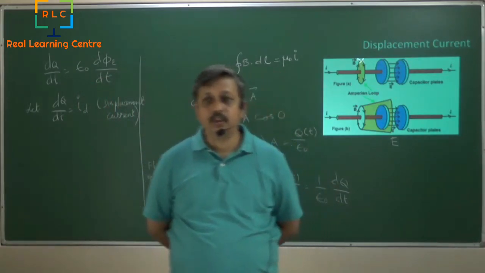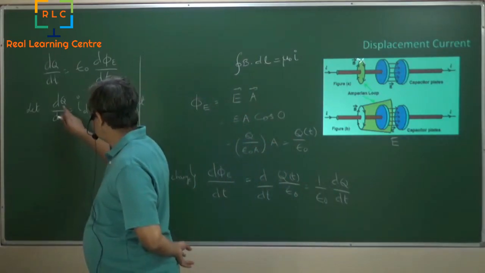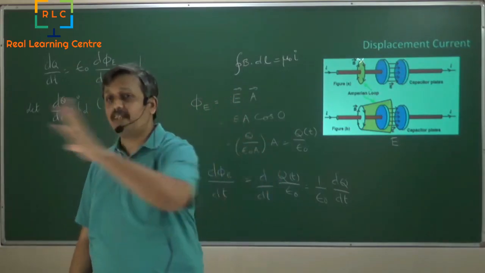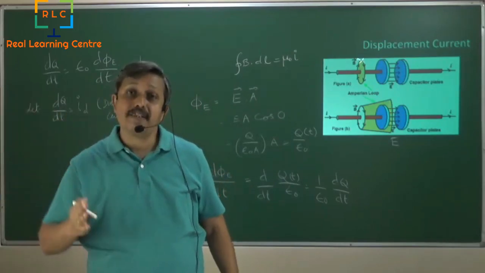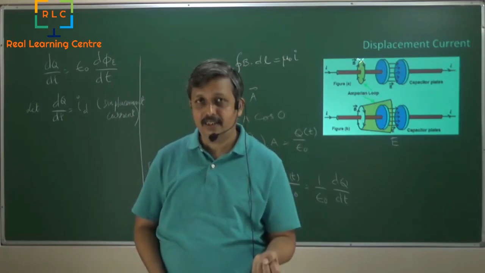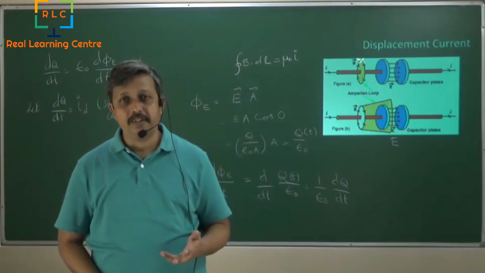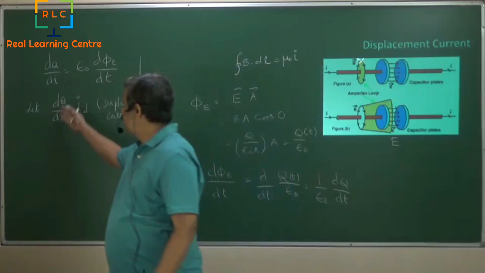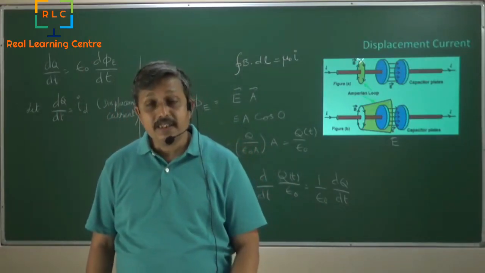If you watch carefully, we always use dQ by dt for current, when the charges are flowing, how fast they are flowing. That is our conduction current. That used to be our regular definition of current, dQ by dt. So dimensionally, taking dQ by dt as current is nothing wrong. Dimensionally it is current, but it is not really current.